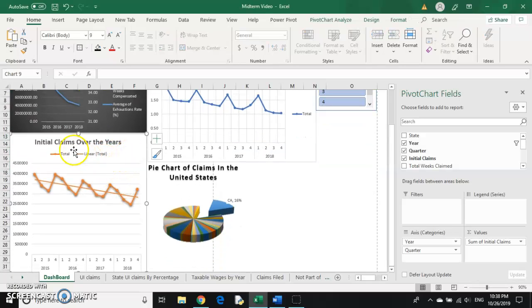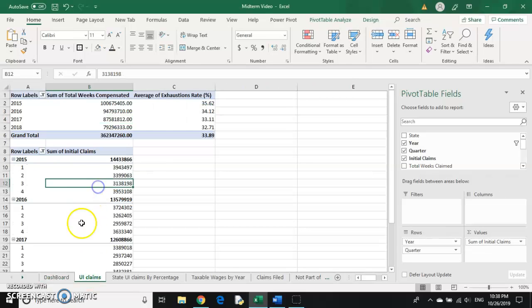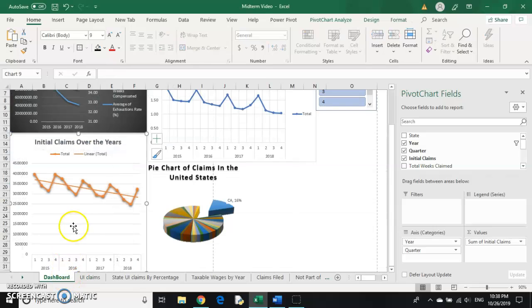Down here, this is the initial claims over the years, which I created using this pivot table. This is very straightforward: these numbers directly reflect the claim cases filed by unemployed people over the years and the quarters.